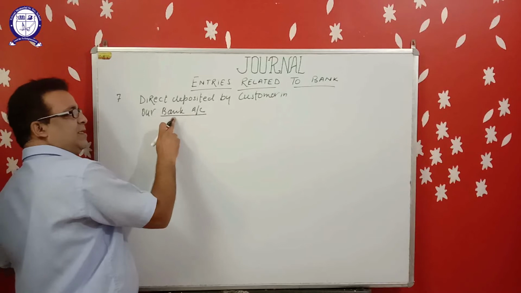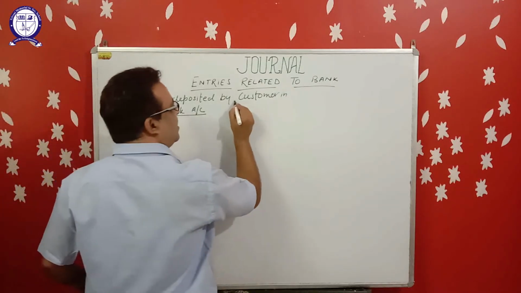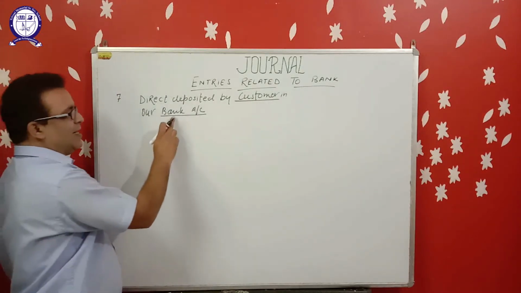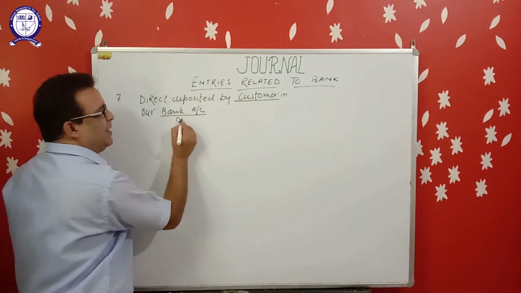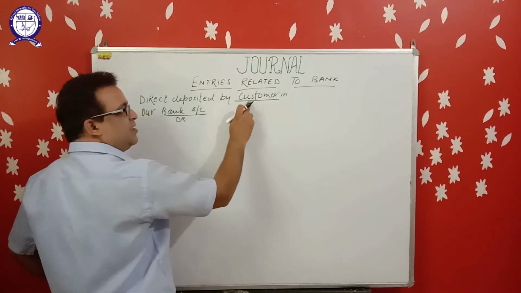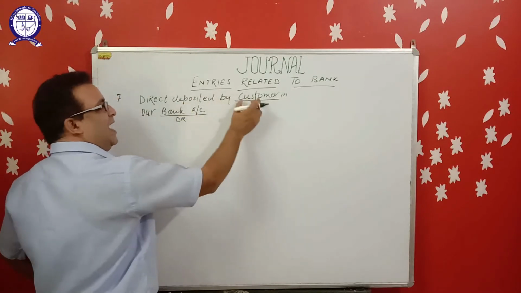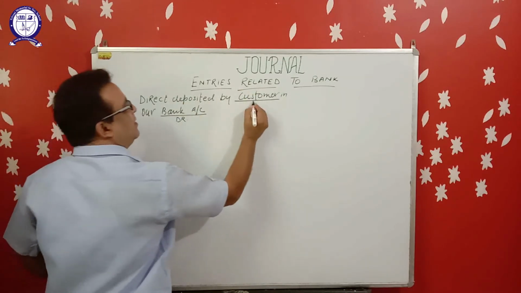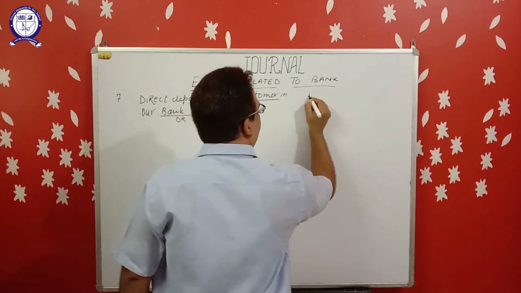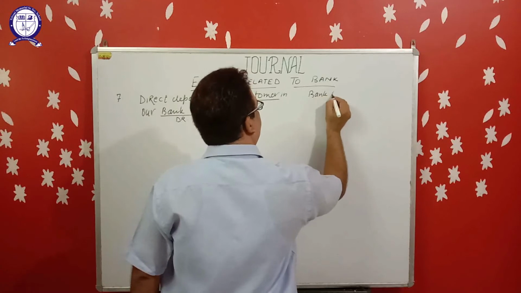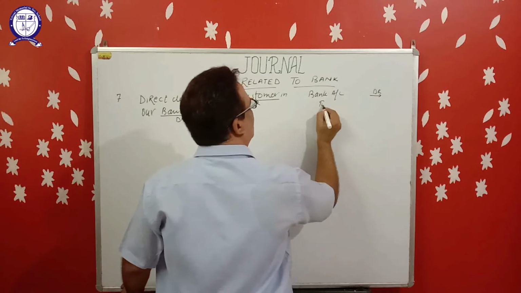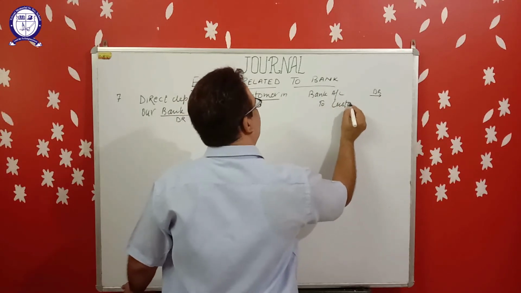First account is bank, and the second account which is affected, that is customer account. Bank balance is increasing, that's why we will debit this account. And customer account, this is an asset, so asset is decreasing, that's why this account will be credited. The journal entry will be bank account debit to customer account.